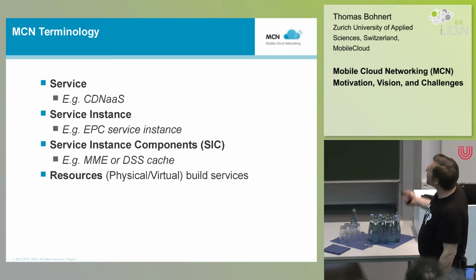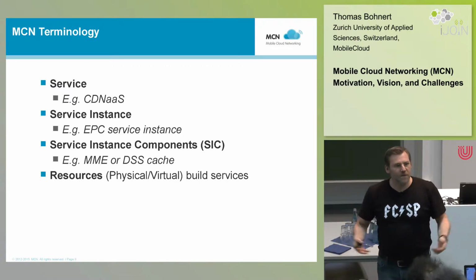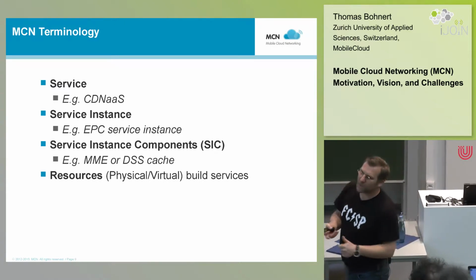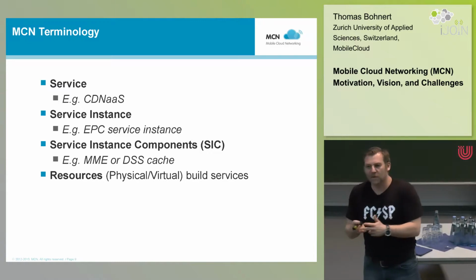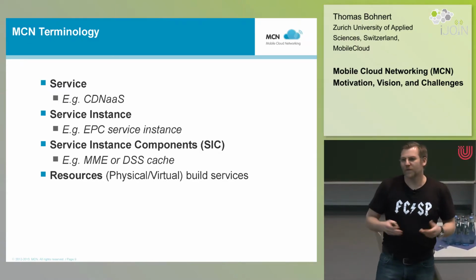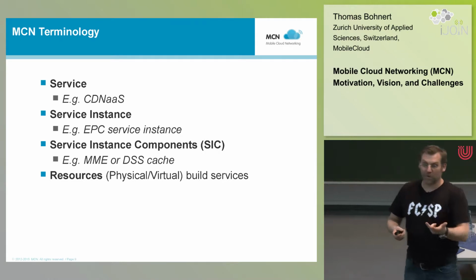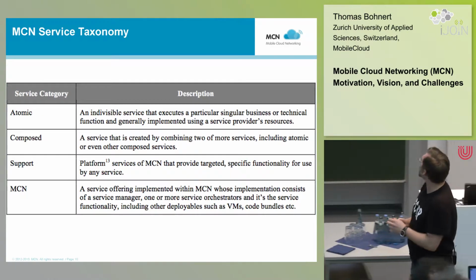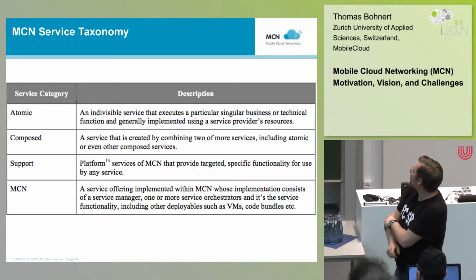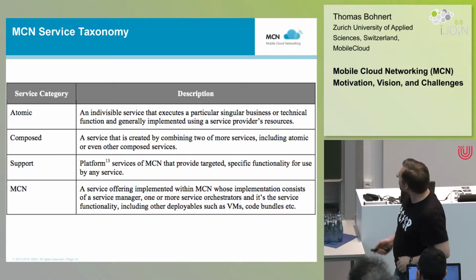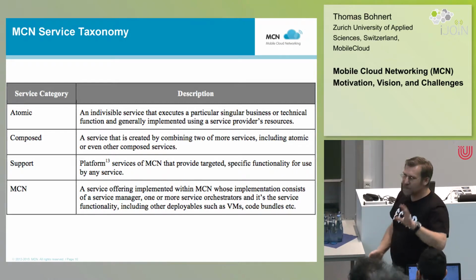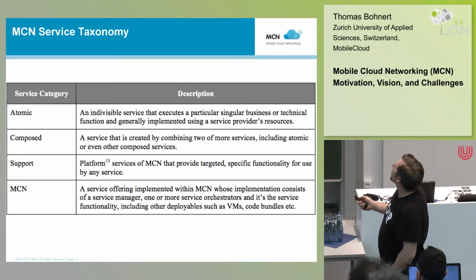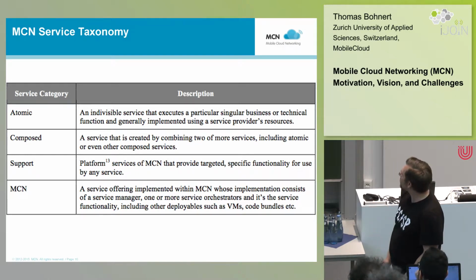And ultimately, all of this has to run on top of some resources. The most basic resources are compute, storage, and connectivity between these elements. So this is what we agreed on to be what we call resources. Then we had to come up with a taxonomy. At the highest level, we have the MCN services. You will see in a second what these are. Then we have a number of support services.